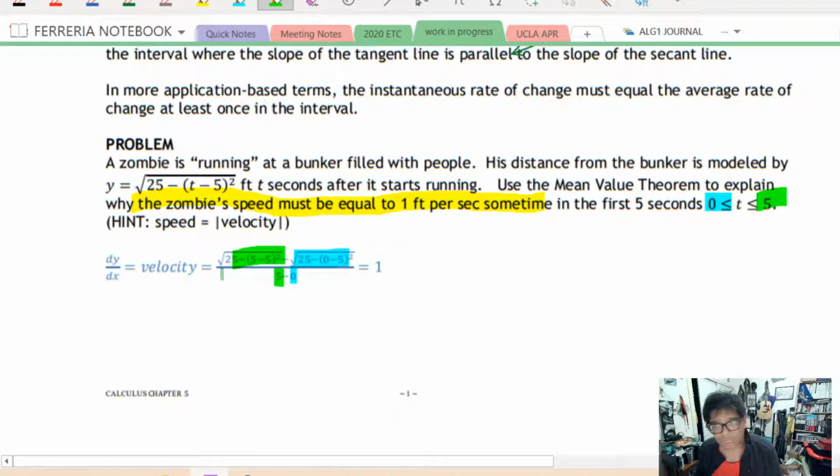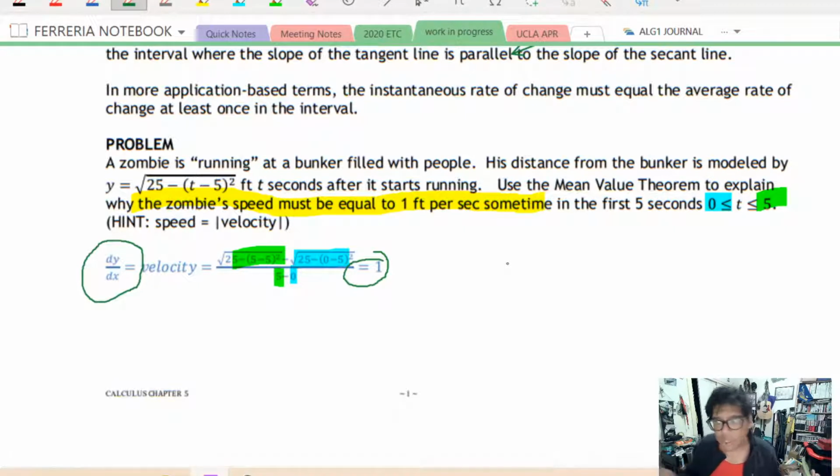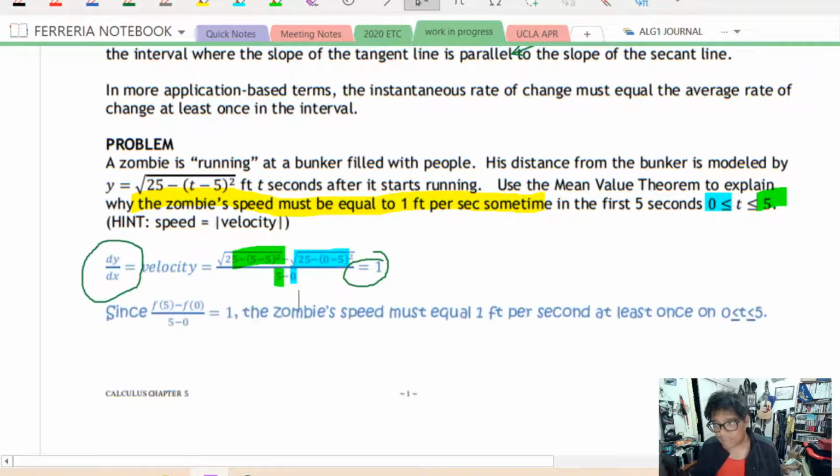So when you compress this all down, this says that at some place, the derivative dy dx has to equal 1. So we just got to figure out when that's going to happen. And so to do that, of course, what is the equation for dy dx? Actually, I'm getting ahead of myself.